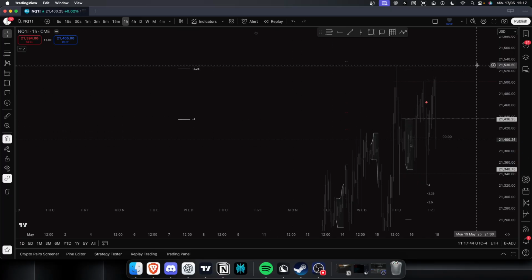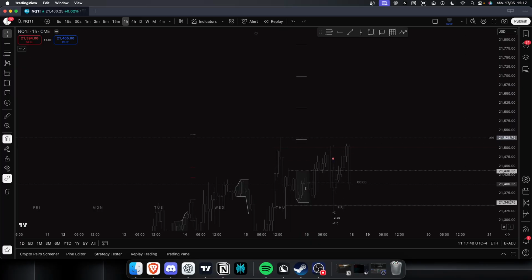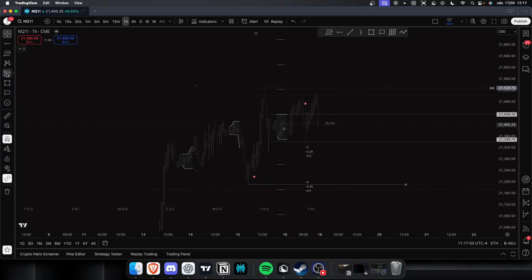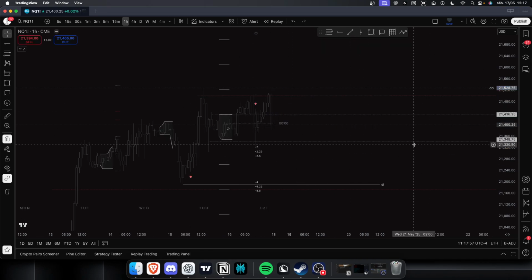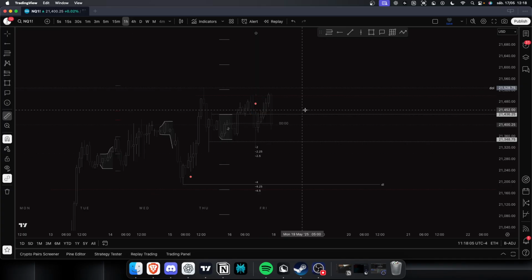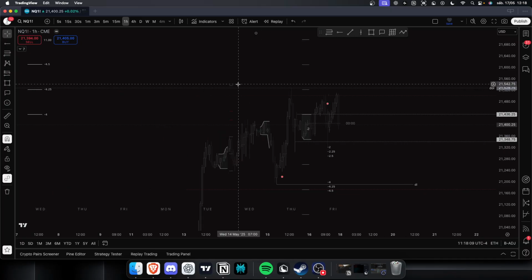I'm not going to explain why this zone specifically, but as you can see, price was reversed again off of this. And if you limit this, it gives you a free 200 points. Then again, I told you this would be more or less the reversal zone, and from here it gives another 200 points.